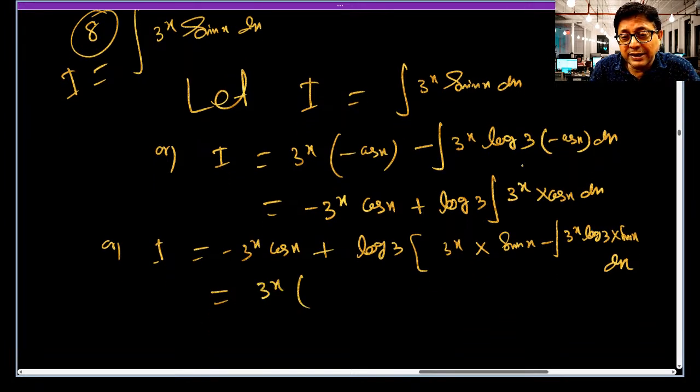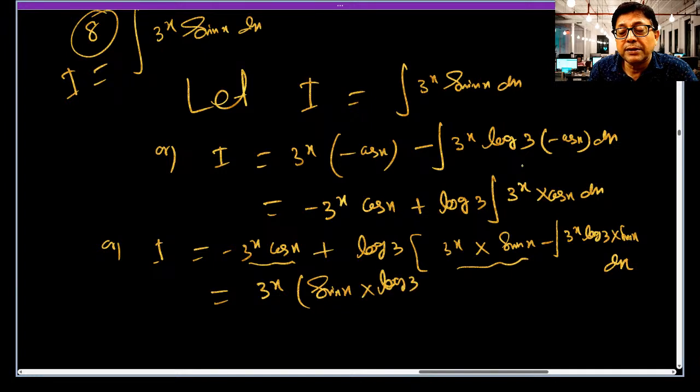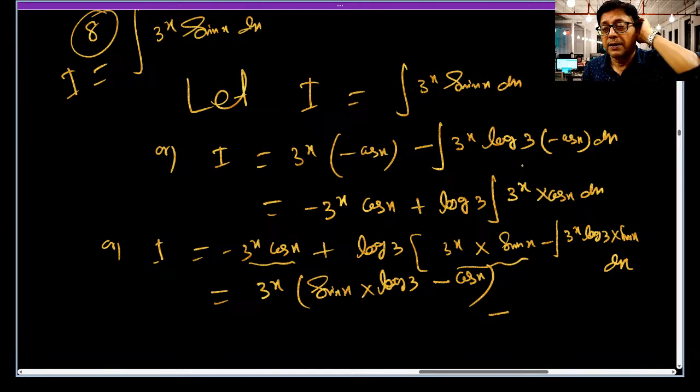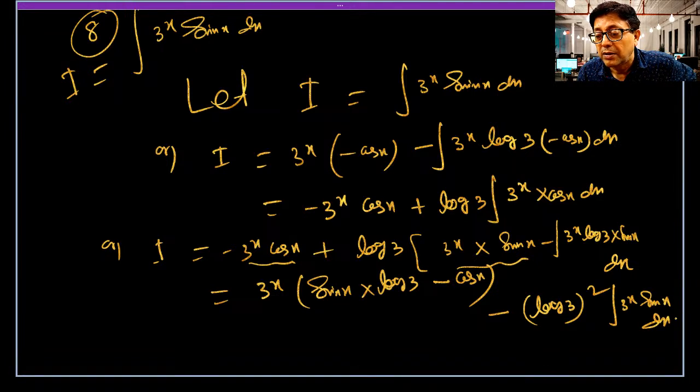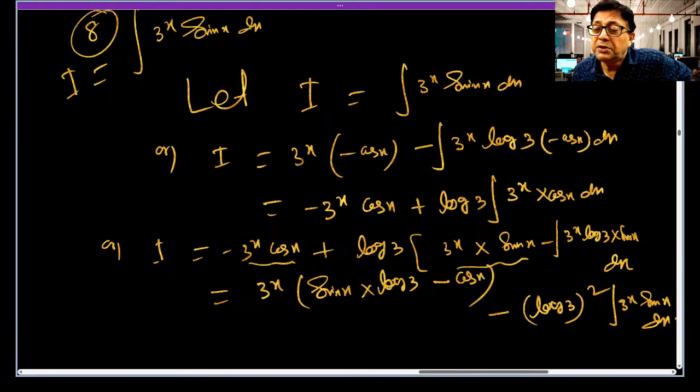3 to the power x, I am taking this and this together. 3 to the power x is common. Sin x into log 3 minus cos x, minus log 3 whole square times the integral of 3 to the power x sin x dx.